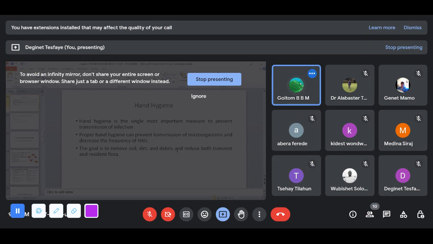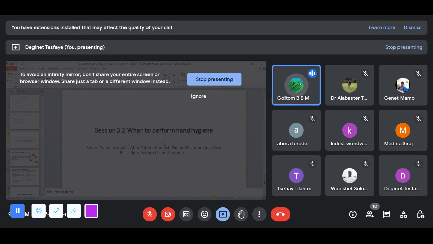Failure to perform appropriate hand hygiene is a leading cause of healthcare-associated infections, the spread of multi-drug resistant microorganisms, and a significant contribution to outbreaks. So these are the main reasons why we should avoid healthcare-associated infections and multi-drug resistant organism spread, and reduce outbreaks.